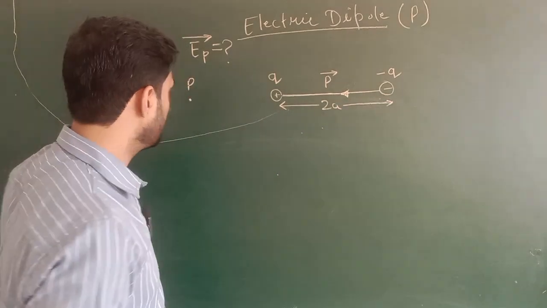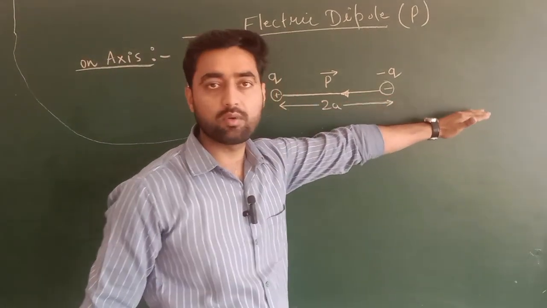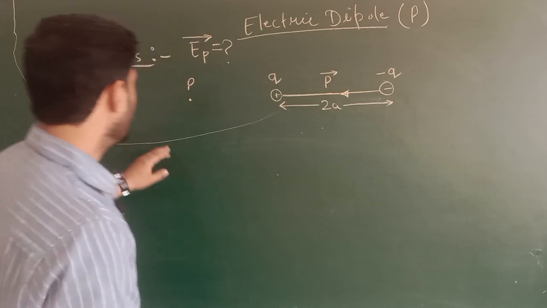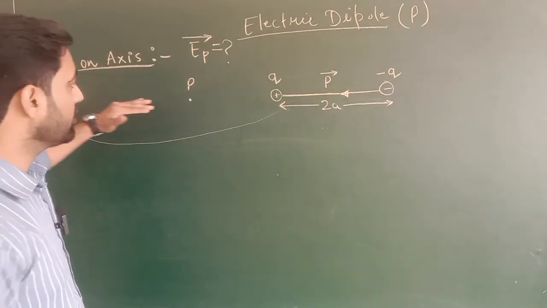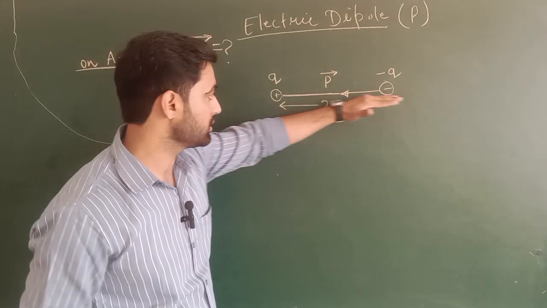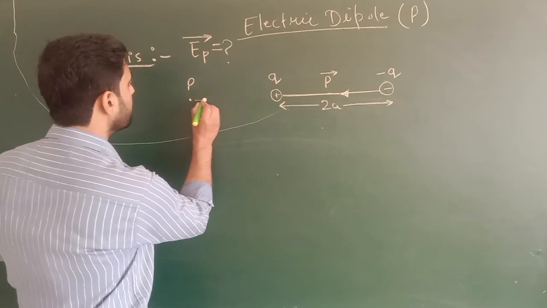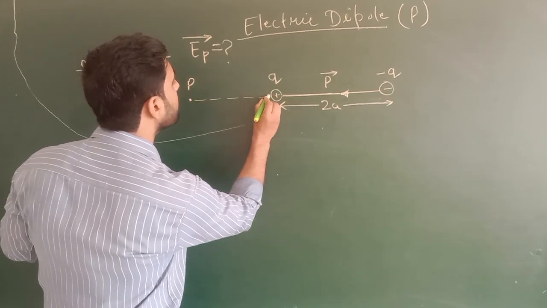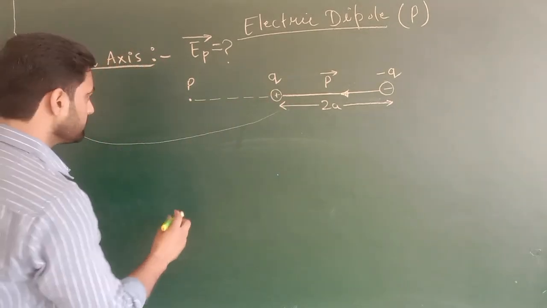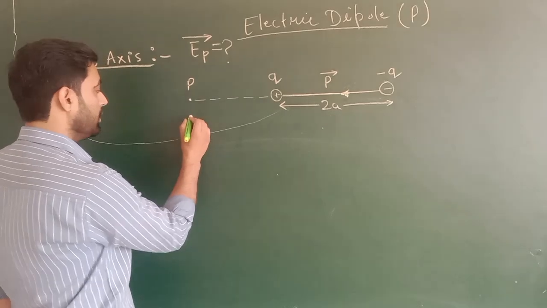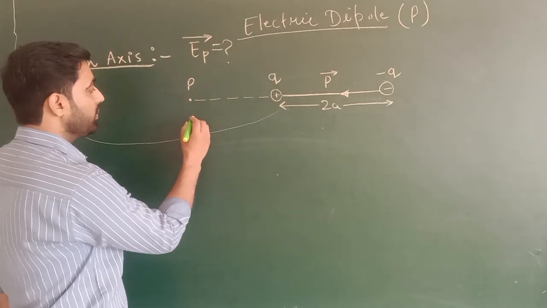On the line joining the two charges, what will be the formula to calculate electric field? So this point P is lying on the line joining the two charges.